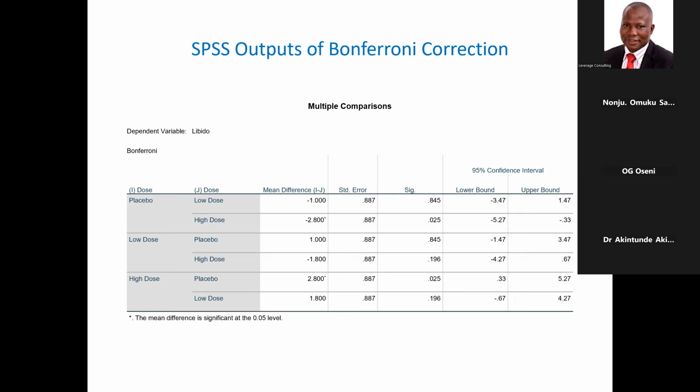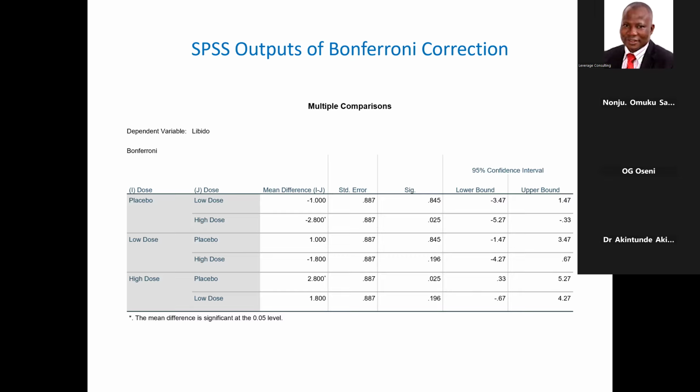Low dose and placebo is 0.845, redundancy, a repetition of the other one. Then low dose and high dose is 0.196. Then high dose and placebo is 0.025, a repetition of the other one. And high dose and low dose is 0.196. If you look at the significance, you see there are actually three values that repeated on 2 occasions.